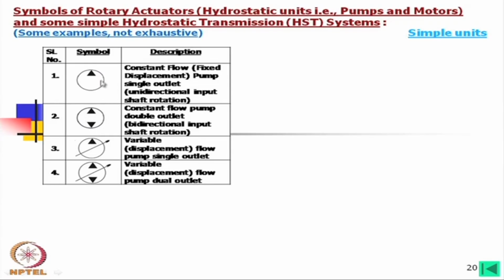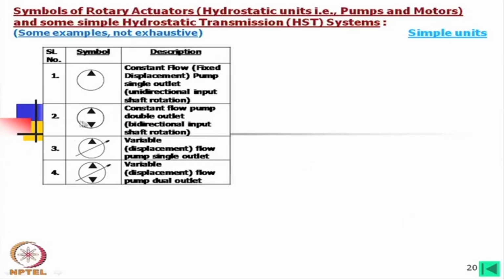Now, in this case it is a double outlet, that means bidirectional input shaft rotation. Usually either bidirectional shaft rotation is possible, or bidirectional flow is possible simply by changing the swash plate angle. This is complicated, but once you find these symbols, you can think of this designation.